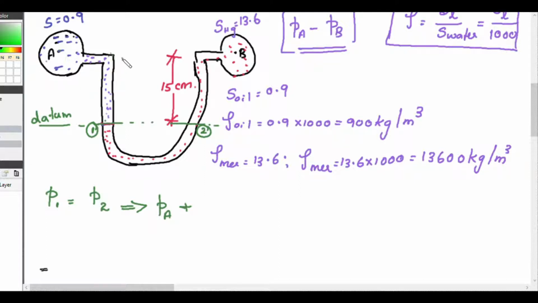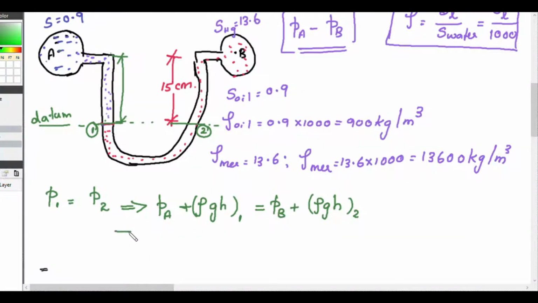Pressure due to this height is rho g h. So this will be equal to pressure at 2. Pressure at 2 is equal to pressure at B plus rho g height of 2.